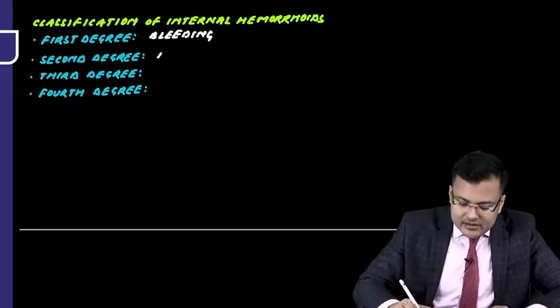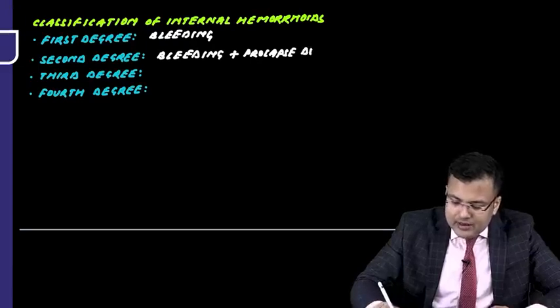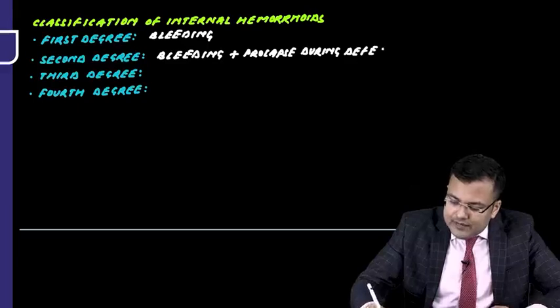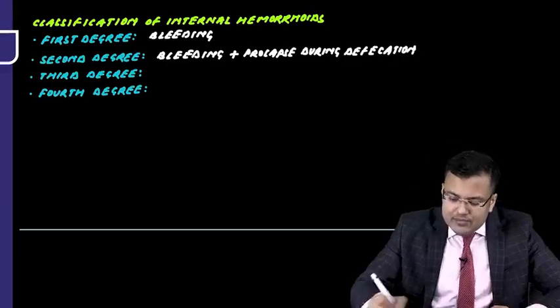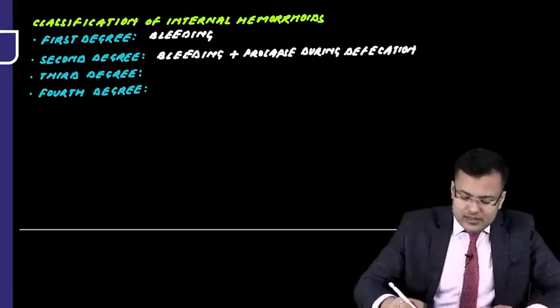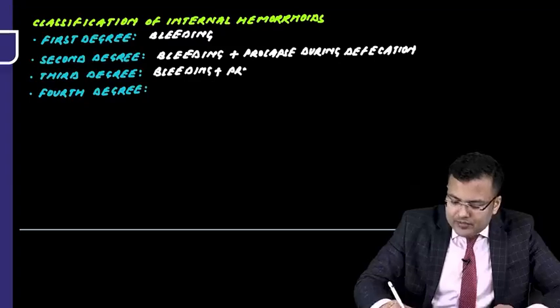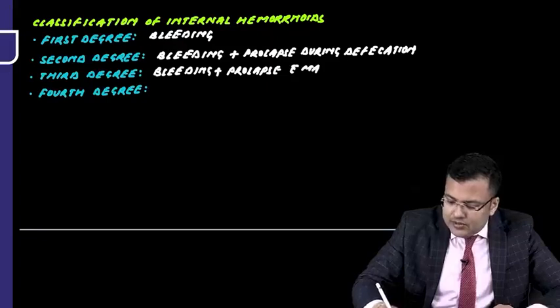In the third degree, there is bleeding plus prolapse, and with fingers, the patient has to put that prolapse inside. So here there is bleeding plus prolapse with manual reposition.